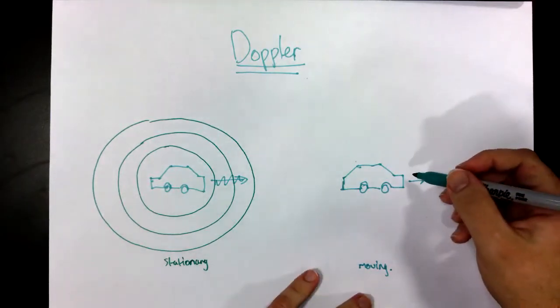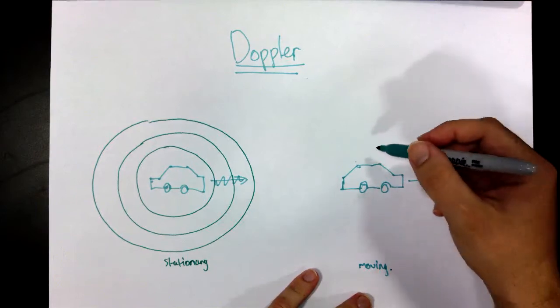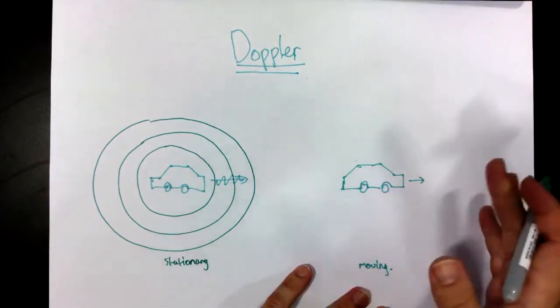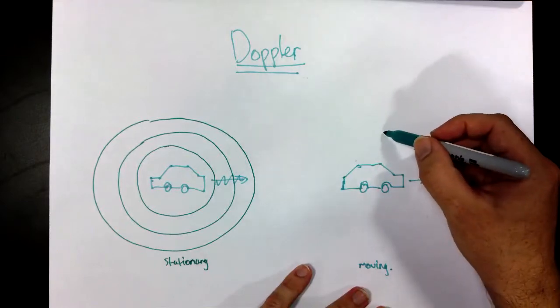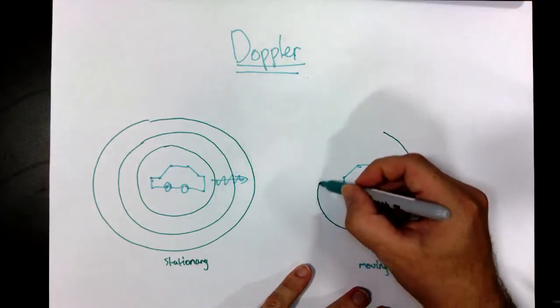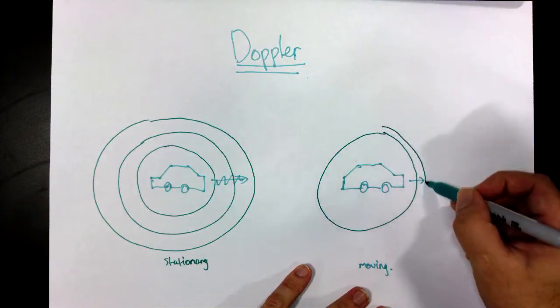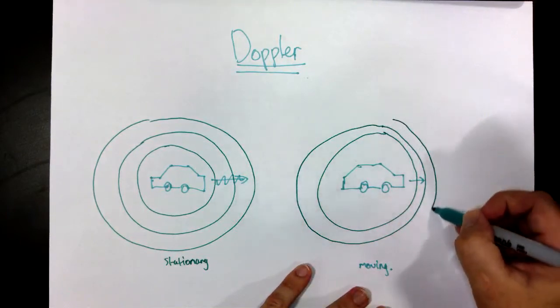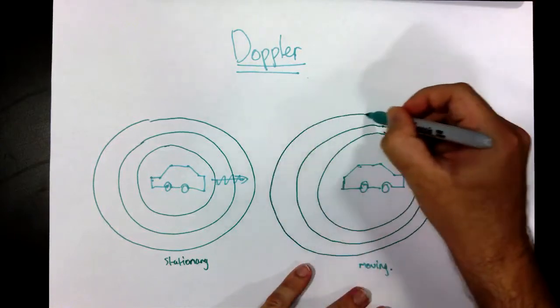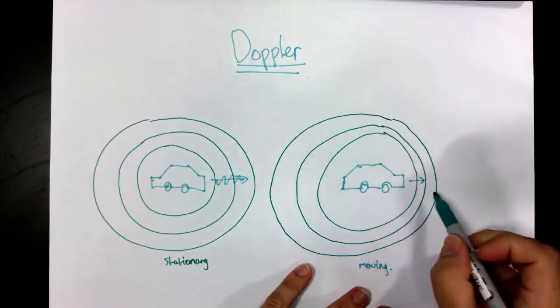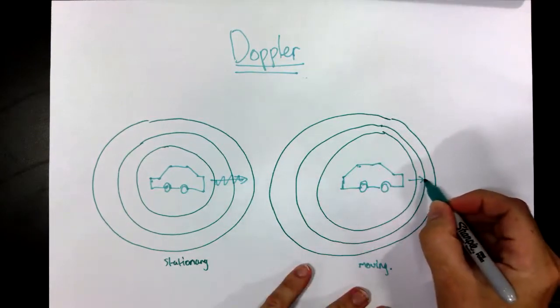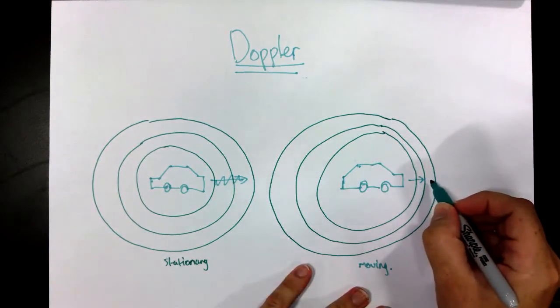When the car is moving, what we end up having is a bunching effect in the direction of motion, so we might have something like this. You can see here that the effect of moving has caused these wavelengths to decrease.